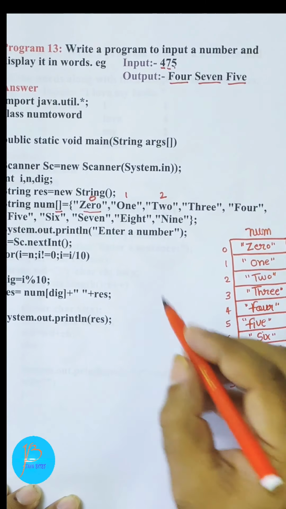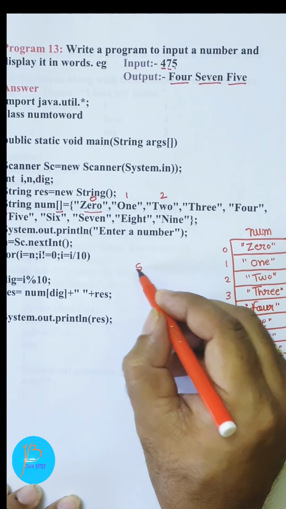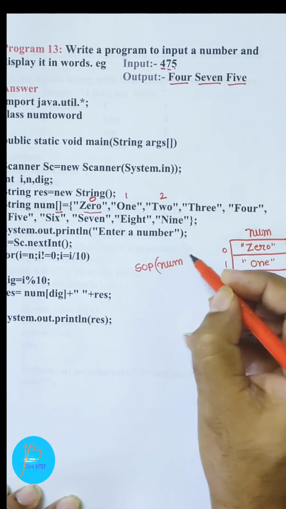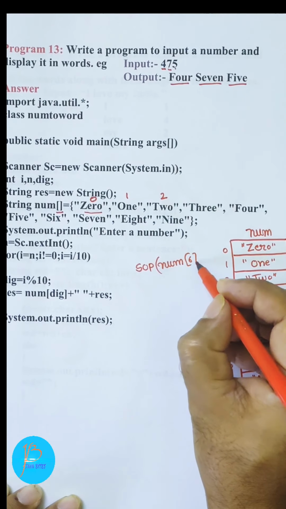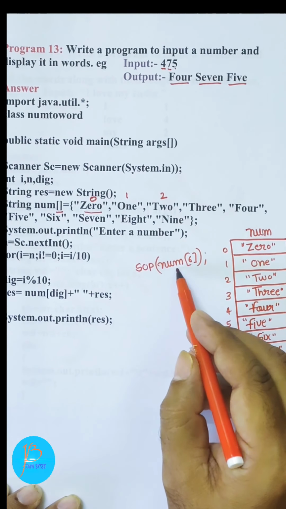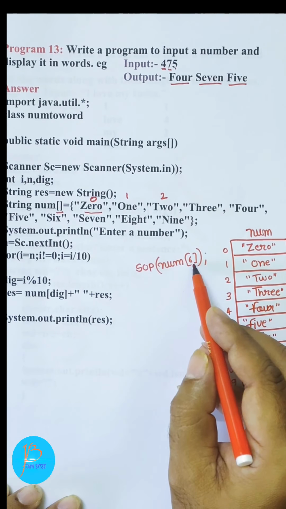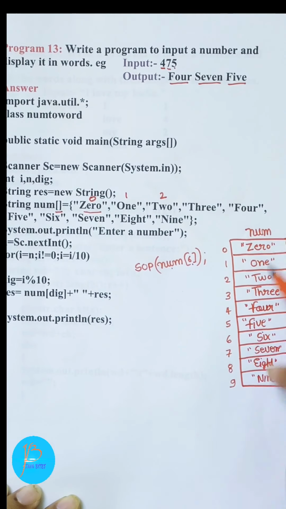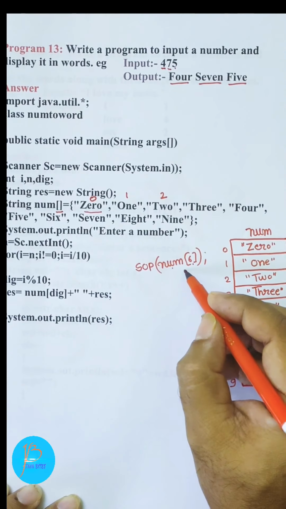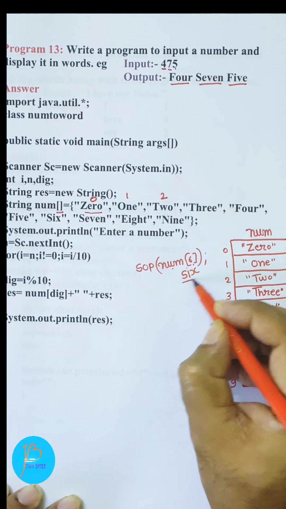If suppose I print somewhere System.out.println(num[6]), do you know what it will print? We have to print index number 6 of the array num. It will go to index 6 and print six.